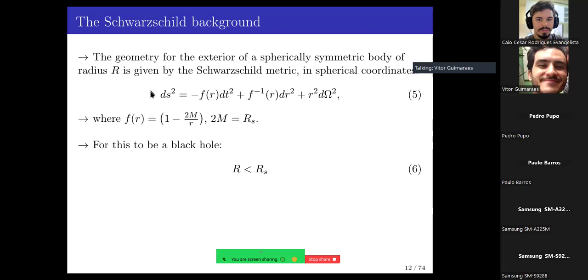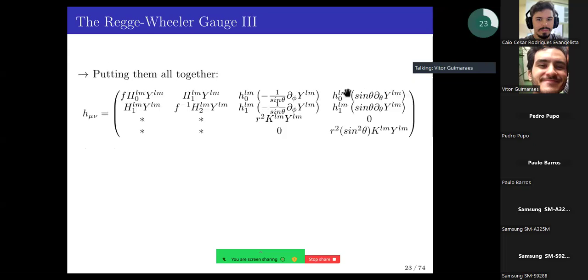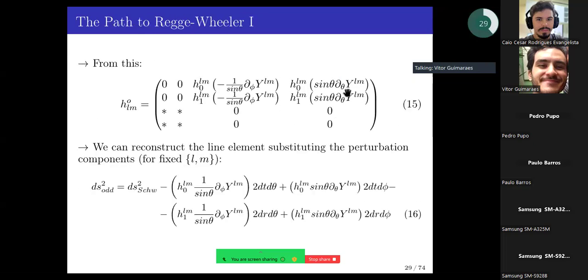But okay, so this is the Schwarzschild line element. When we do the perturbation, here we have the full line element, but we added all these terms to the line element of the Schwarzschild metric, which are, in this case, all off-diagonal terms. All these terms are off-diagonal. So this is the line element, so we can see which are the components.